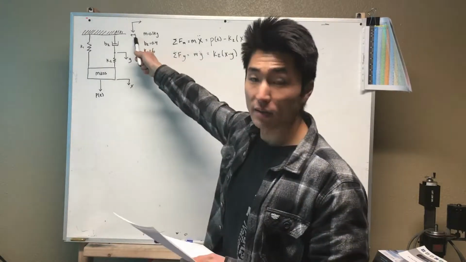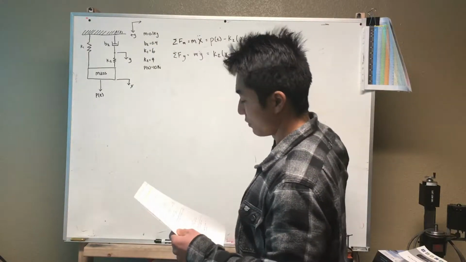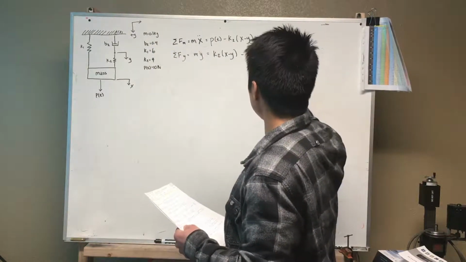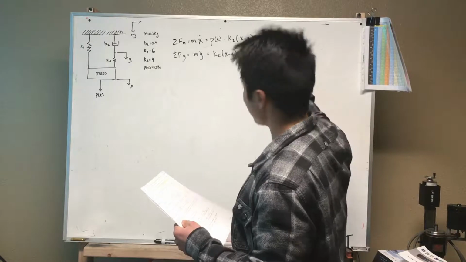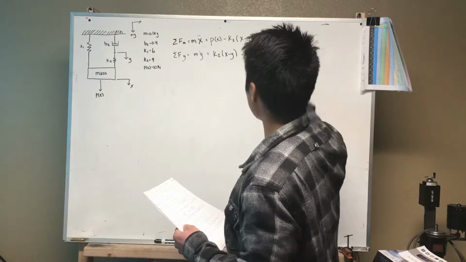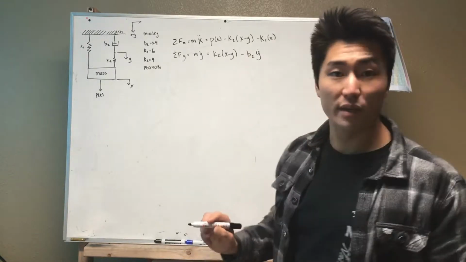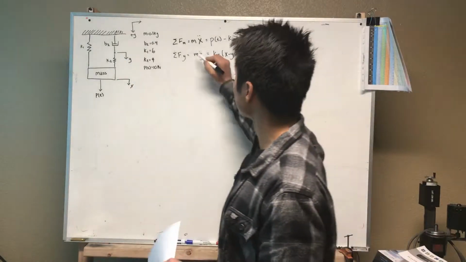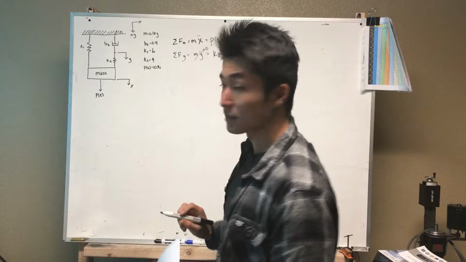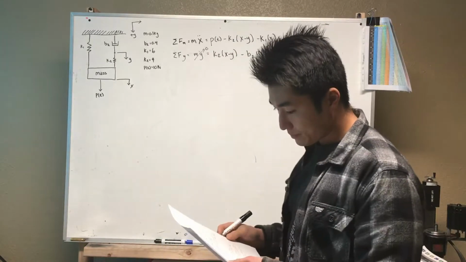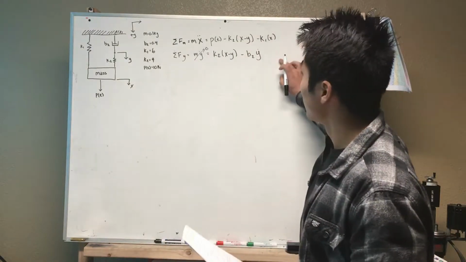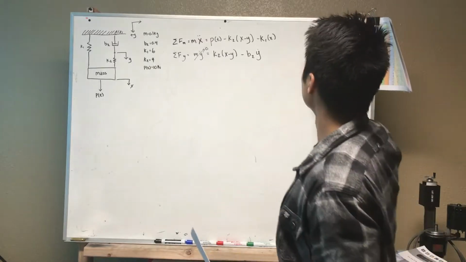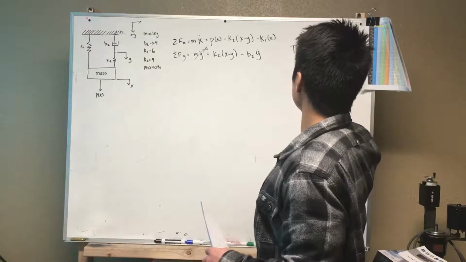Again, we're saying that that's positive going down, and we have negative b2 y dot in this case. And because this is a particle point, we're saying that this has no mass, so that becomes 0.